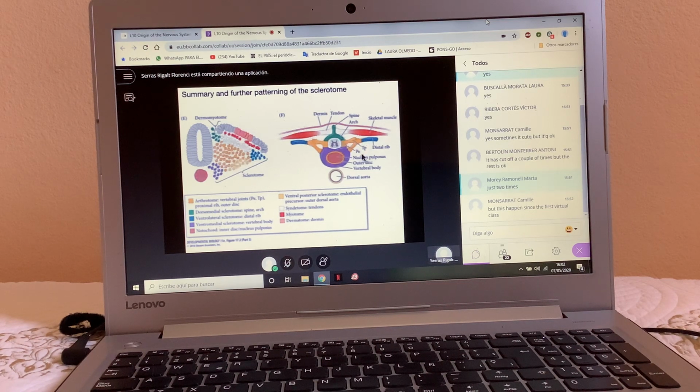So for each piece of a vertebra, we know exactly what populations of cells of this somite are contributing to it. Inside of the sclerotome and inside of the different parts that we have seen here, there are also some compartments, some domains that are going to contribute, and there are a lot of interactions here.